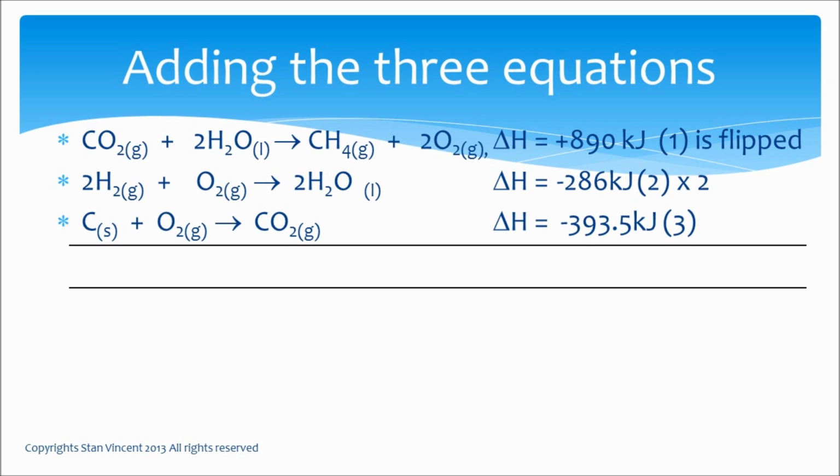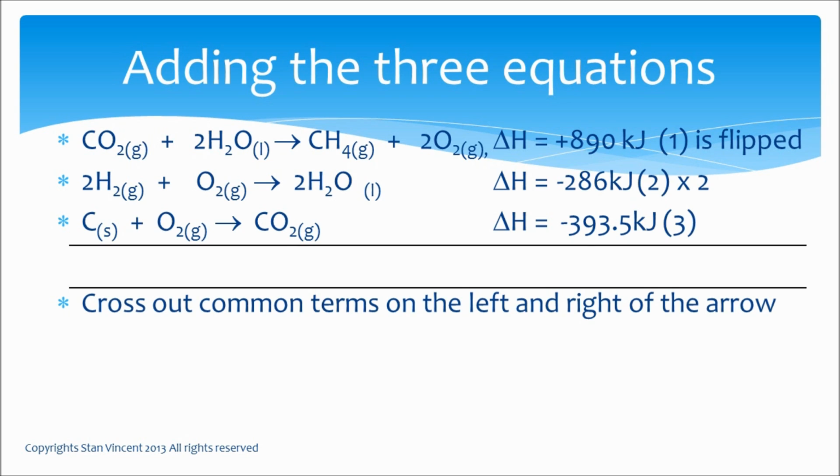So let's look at common compounds on the reactant side and the product side. Carbon dioxide on the left, we have 1 mole. Carbon dioxide on the right, there is 1 mole. So we have cancelled that, crossed it out. 2 moles of water on the reactant side, 2 moles of water on the product side, that's cancelled out.